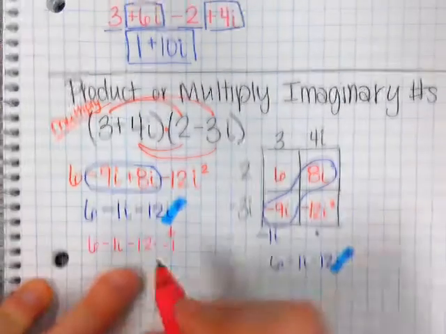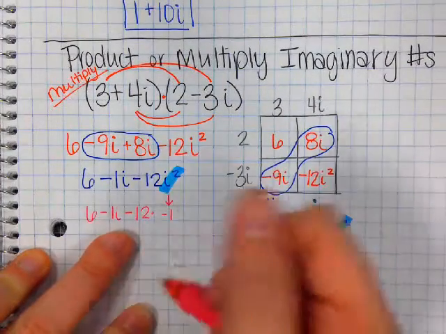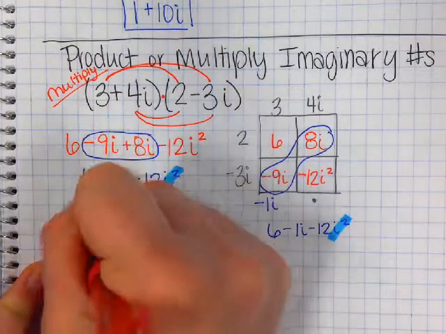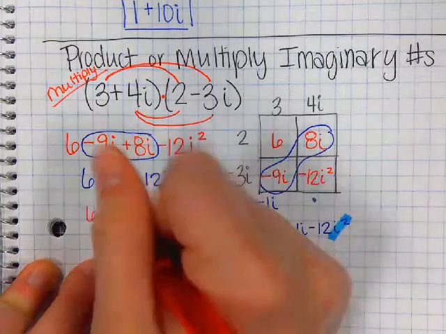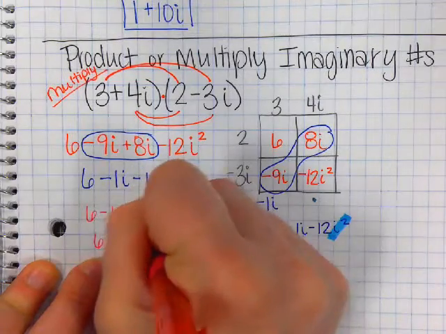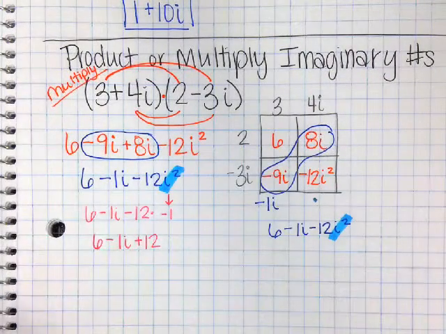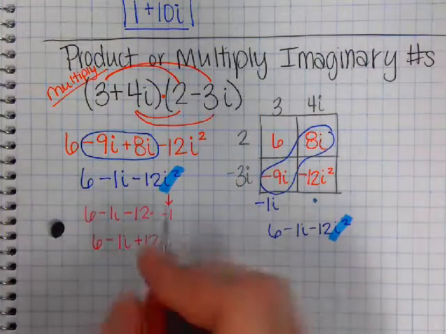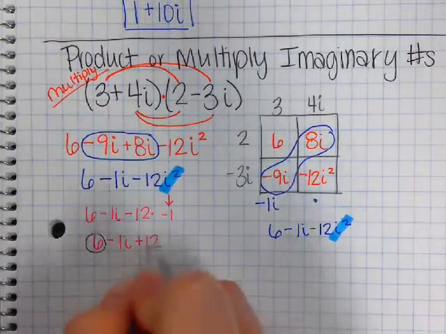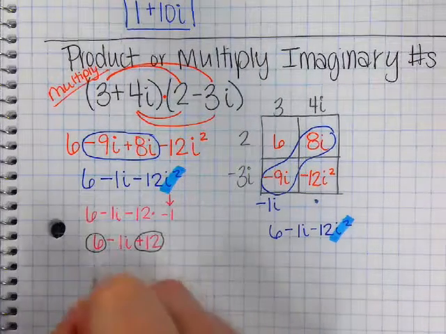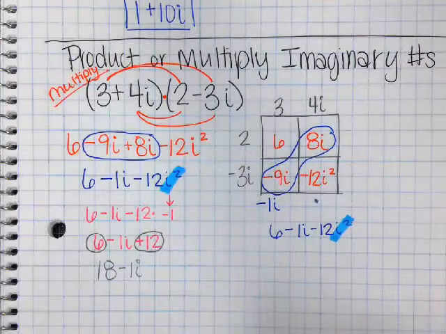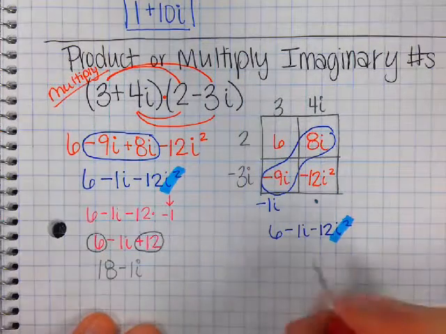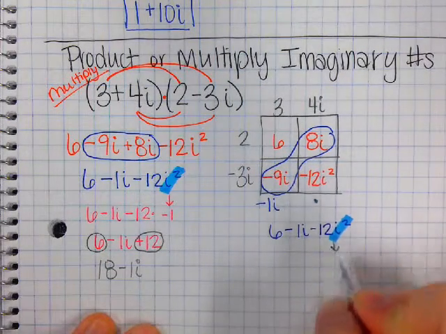So it'd actually be 6 minus 1i minus 12 times negative 1. So negative 12 times negative 1 would be a positive 12. Negative times a negative is a positive, so positive 12. Now there's actually one more step of combining once you do that. So 6 plus 12 is 18, so it'd be 18 minus 1i.